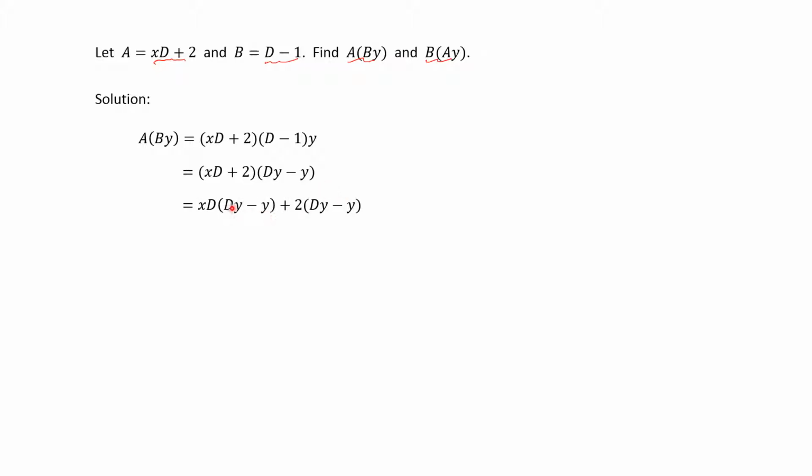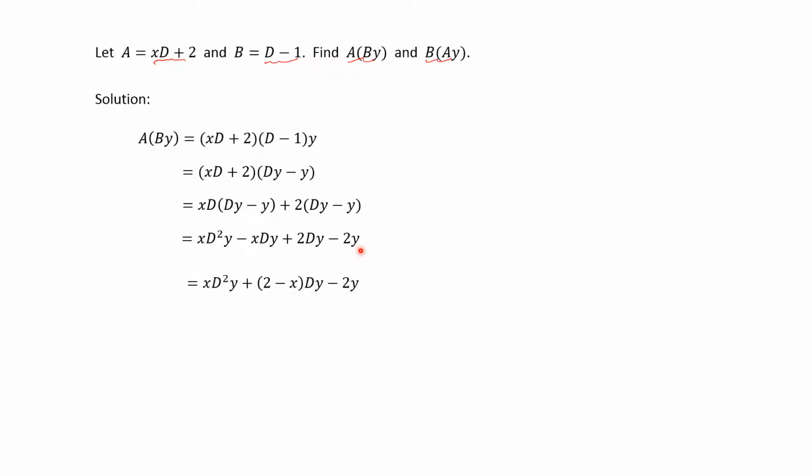So distribute xD to Dy minus y, you have xD times Dy minus y, and distribute 2 to Dy minus y, that is plus 2Dy minus y. Next is, of course, D of D, that is xD squared y, and then xD, of course, that is minus xDy plus 2Dy minus 2y.